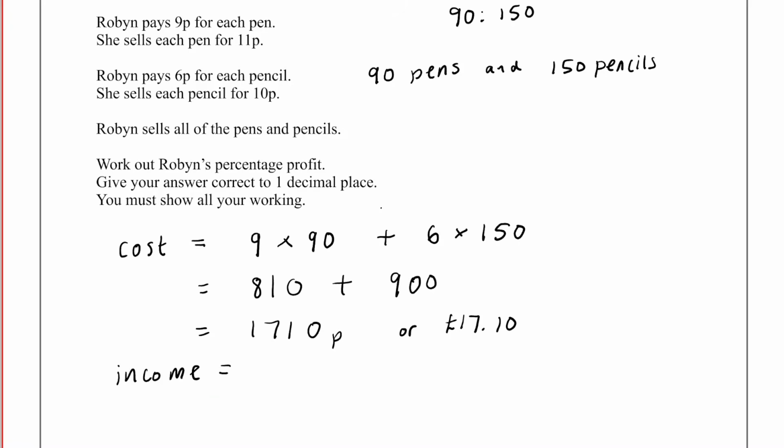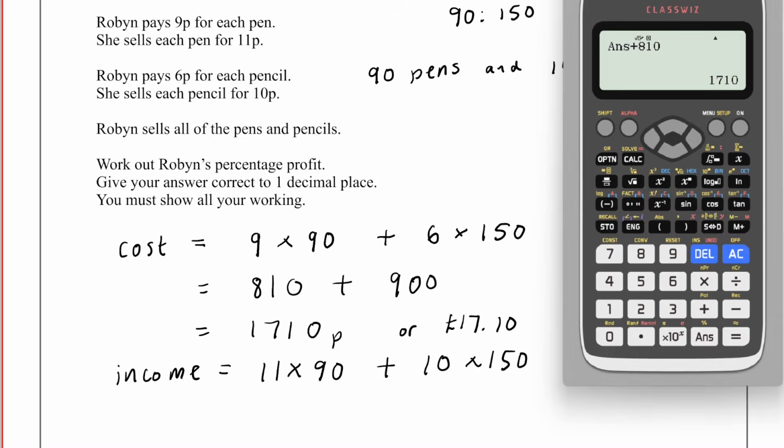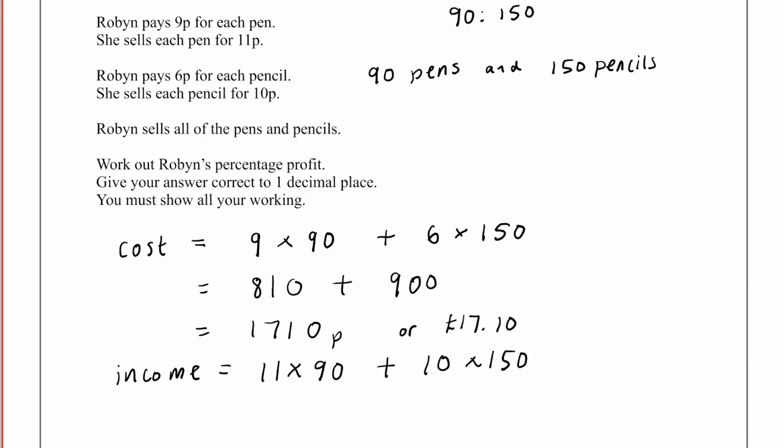So it's 11p for each pen, so 11 90s, and 10p for each pencil, 10 150s. So 11 90s is 990. 10 150s will be 1,500.